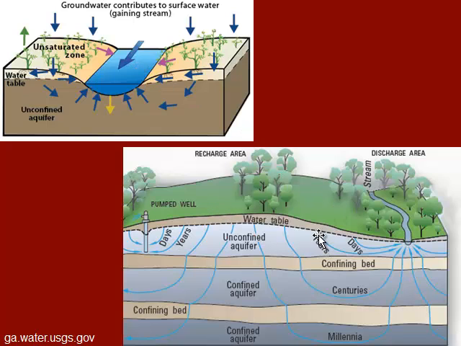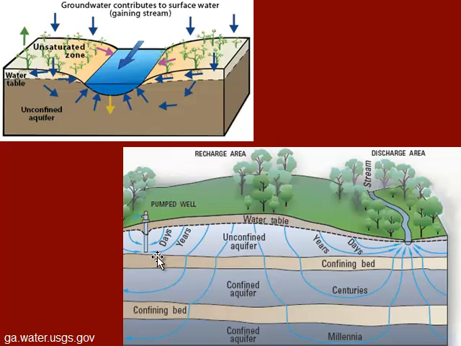And then if we look over here, a more complex situation, a little bit more realistic of what we actually have in the earth. On the surface of the earth, we've got an unconfined aquifer and then what's called a confining bed. Our aquifer is going to be a rock unit or sediment unit that has enough pore space and permeability to transmit water, whereas the confining bed doesn't have the permeability to let water through it.